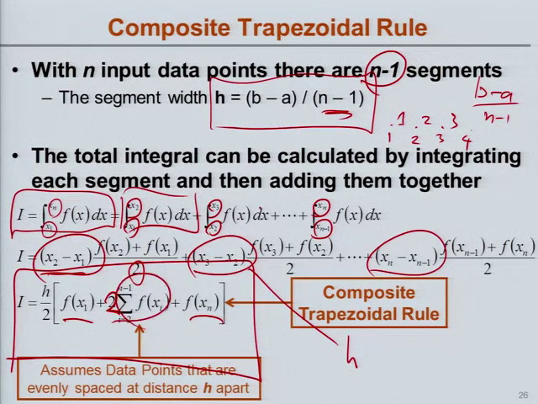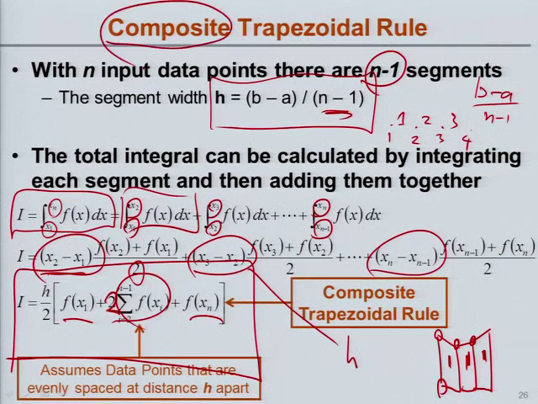And that just comes out from the fact that we've got the first, second, third, etc. This point here only ever appears in one of those trapezoids. But this point here occurs in the integral for this trapezoid and the integral for that trapezoid. This one here occurs in the integral for this one and this one. That's why there's a factor of 2 there. Okay, so this is what's known as the composite trapezoidal rule. It's composite because you're adding up multiple little bits.